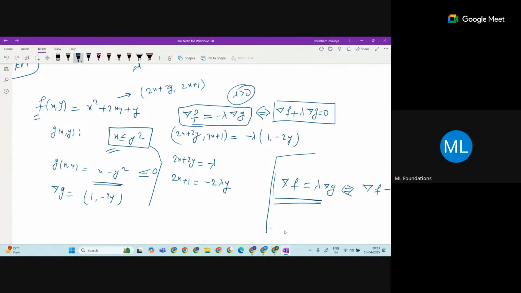This is what we have, right? Both sides are negative, so the minus is going to be positive.